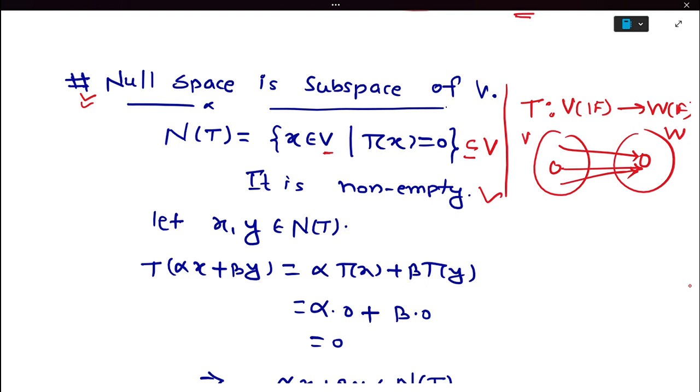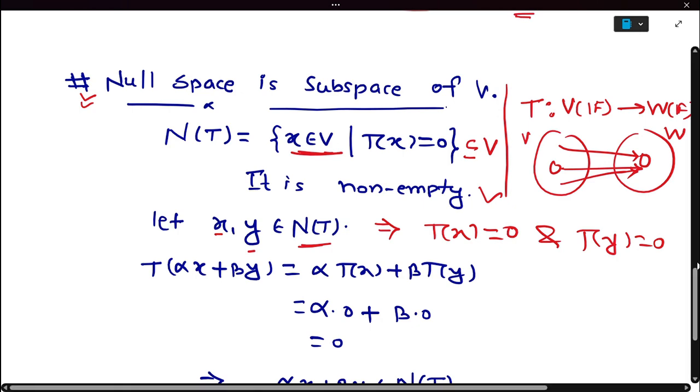So we can take two elements x and y which are in the null space. What does it mean? By the definition, any element is in the null space if its image is 0, so T of x equals 0 and T of y equals 0.